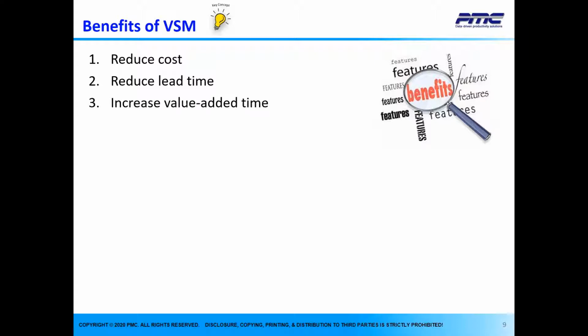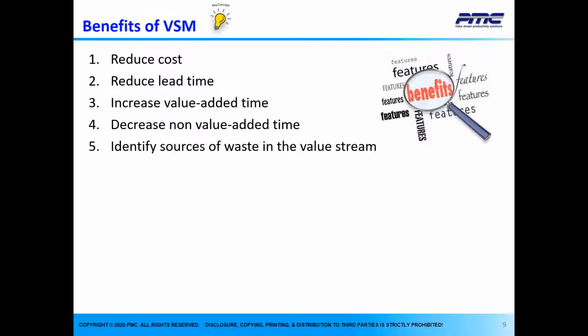Third one is increase the value added time. Then decrease non-value added time. Next one is it will allow us to identify sources of waste in the value stream. And of course, by doing that, we will have an improved decision-making process.